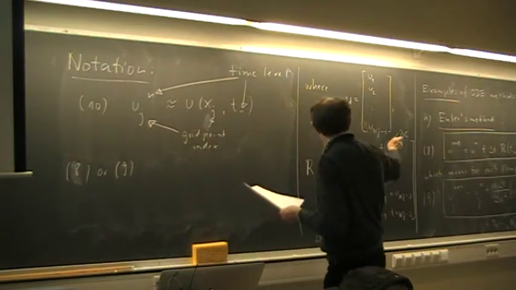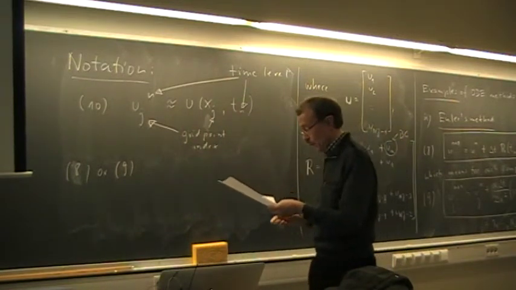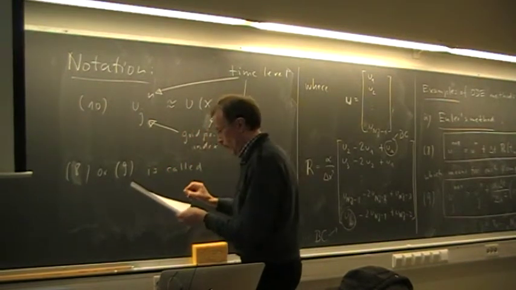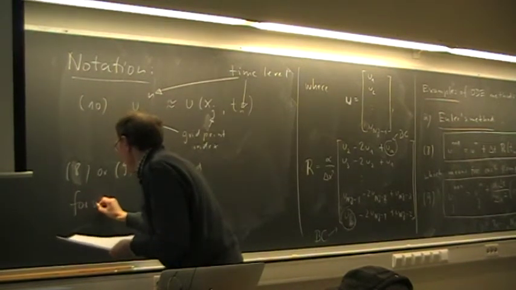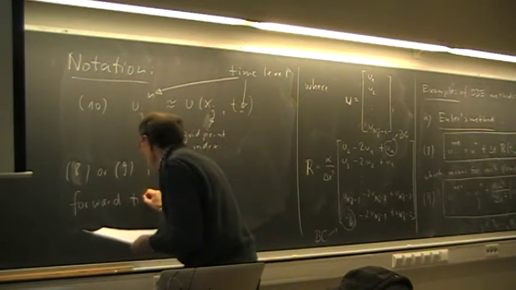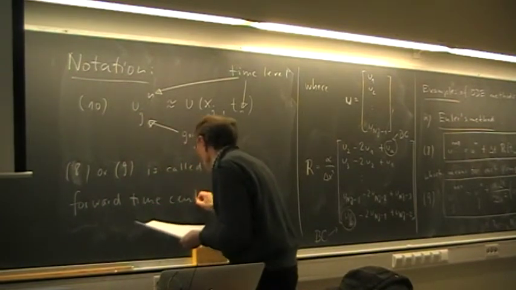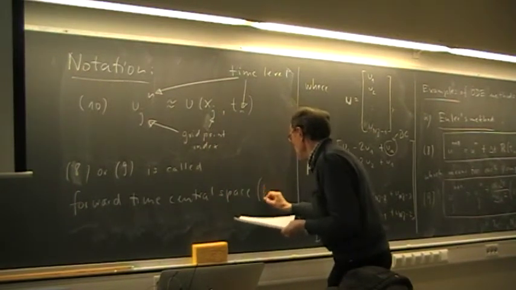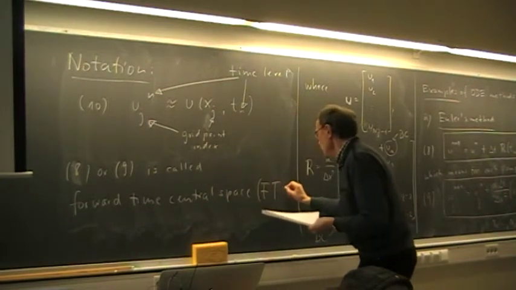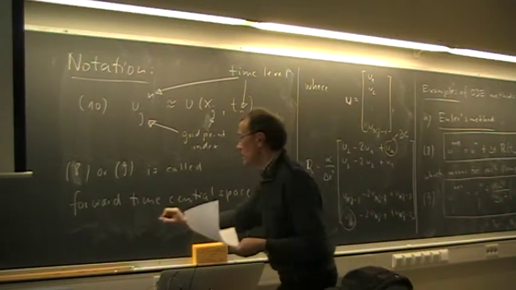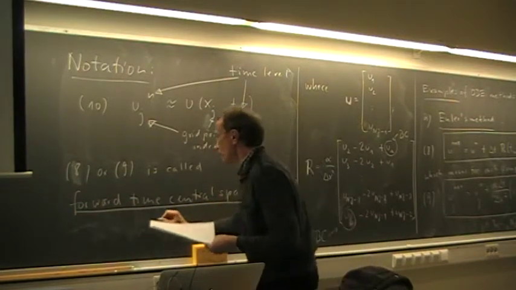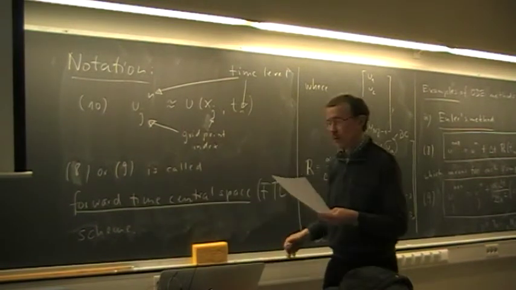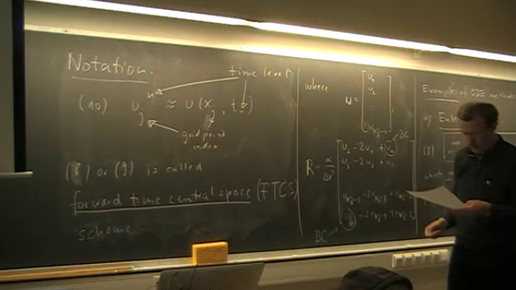One is the vector notation, the other is the component notation, and it is called forward time central space. Its acronym is FTCS scheme. Scheme is another word for method.